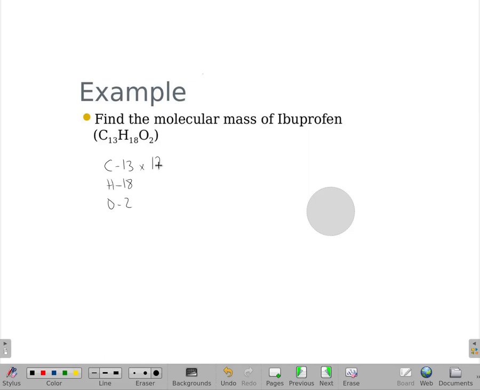From the periodic table, I get 12.01 AMUs for carbon, 1.008 AMUs for hydrogen, and 16.00 for oxygen.